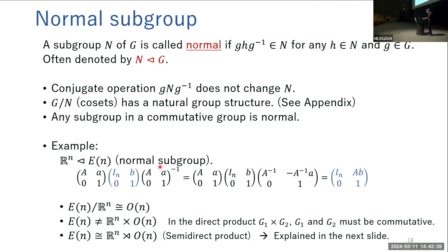Okay, let's consider the normal subgroup of Euclidean motions. In the Euclidean motion, we have two elements, the rotation part and the translation part. If we consider the translation part only, they make a normal subgroup of the Euclidean motion.